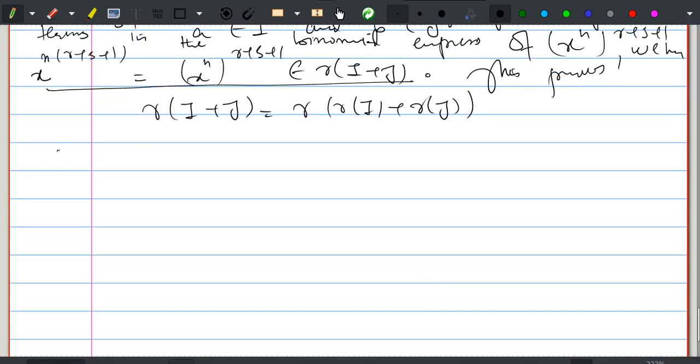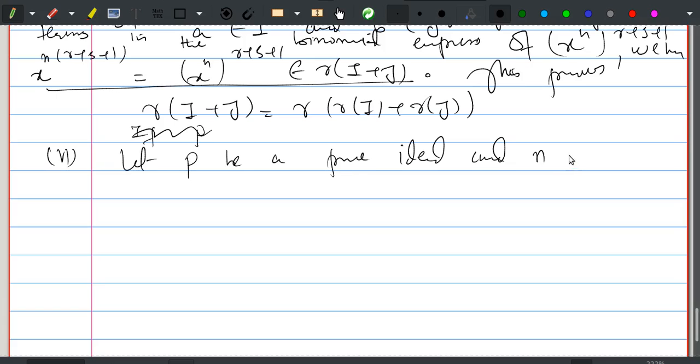So finally we have the last item, that is the sixth item. We have to prove: let p be a prime ideal and n a positive integer.